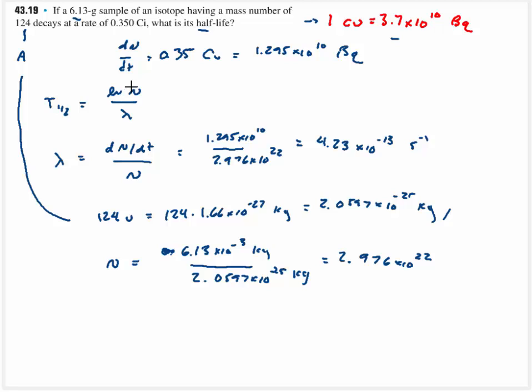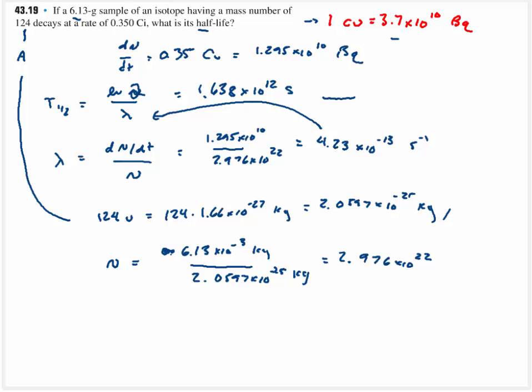Now all we need to do is come up here, take the natural log of 2, and divide it by my decay constant of 1.638 times 10 to the 12th. You're going to have a unit of seconds, because I had a unit of inverse seconds.